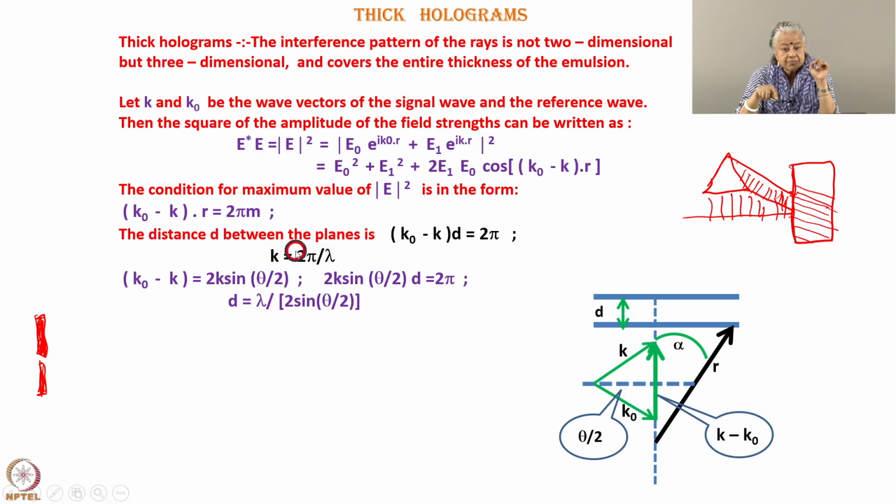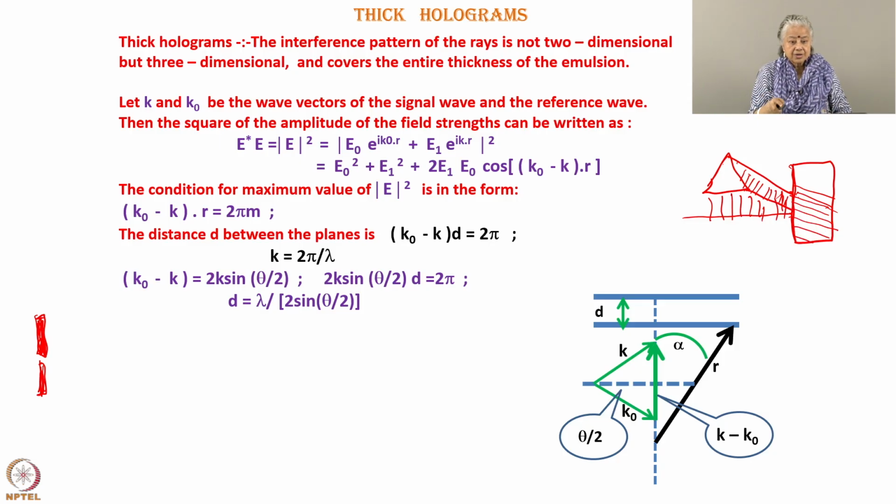The distance d between the planes is given by (k0 minus k) d equal to 2 pi. In place of r, I have written d. Between the planes means between the planes of the recording, the interference pattern recording, those are the planes that are formed. Okay. Just imagine, those are the planes. Instead of being just lines, now they are planes.